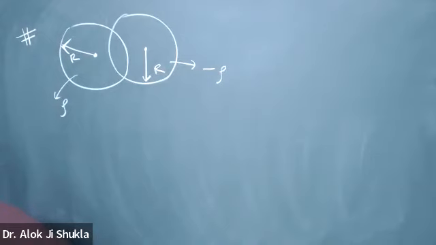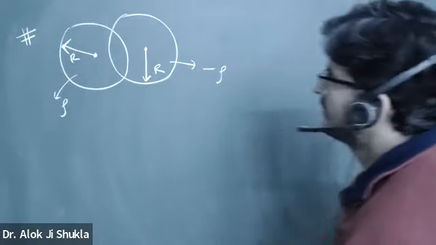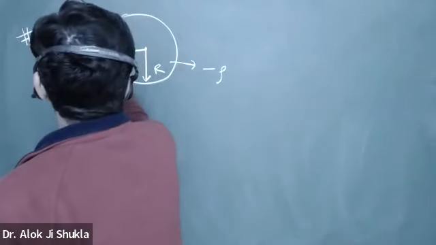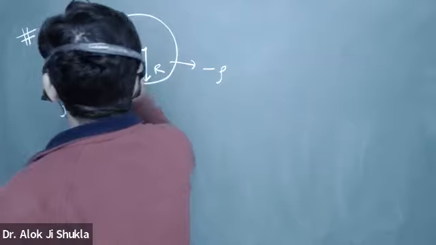Two spheres, each of radius capital R, carrying uniform charge density plus rho and minus rho respectively, are placed so that they partially overlap. Show that the field in the region of overlap is constant. It is given that this distance between them is d.